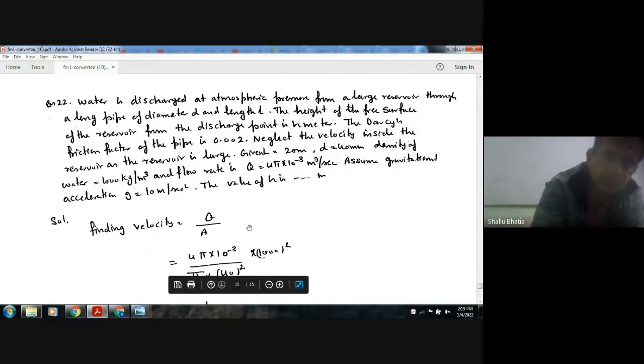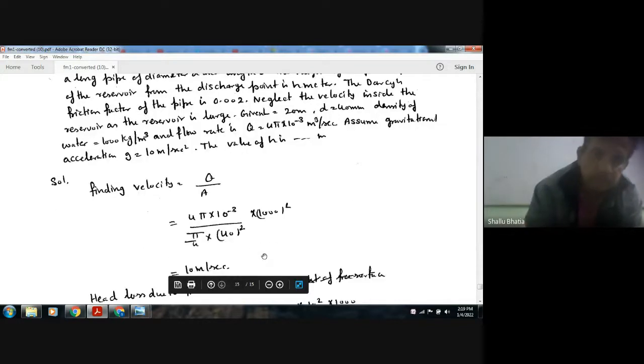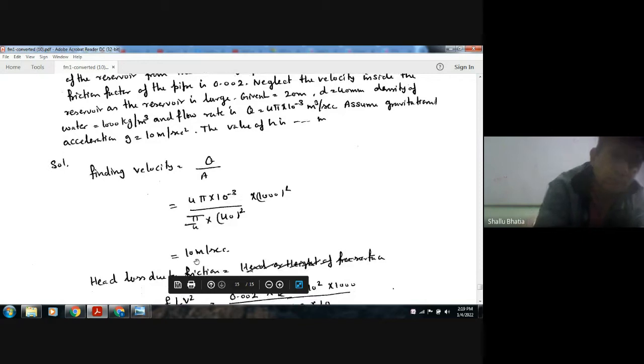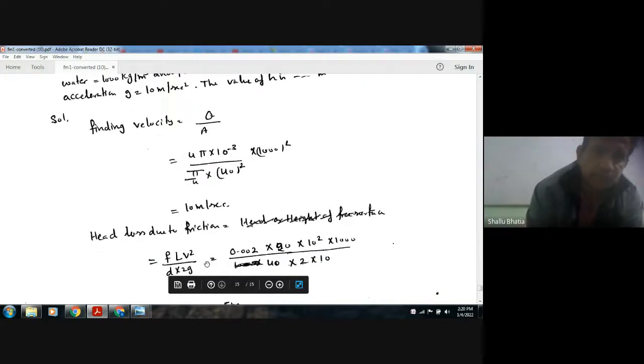So from this we can find out the velocity. Velocity is Q by A. So Q is your 4 into 4 pi into 10 power minus 3 and the diameter is your 40 mm. So this is area. So this is 10 meter per second. So this is the velocity.